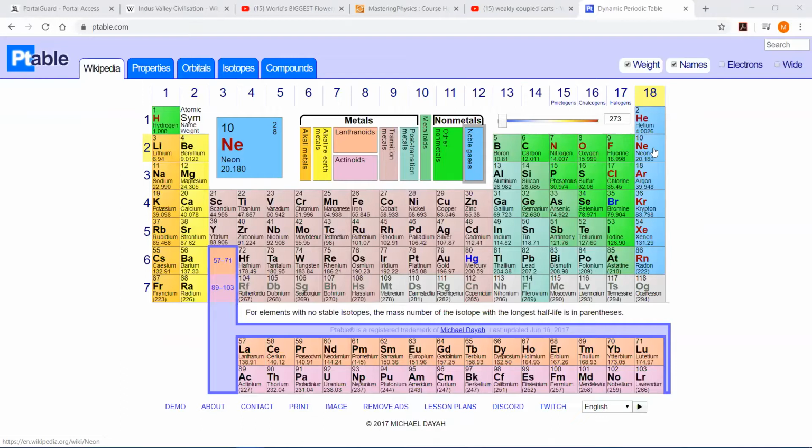It's an average because there are different isotopes. Most neon atoms, evidently, would have 10 neutrons along with their 10 protons, giving them an atomic mass number of 20. But some isotopes would have, let's say, 11 neutrons. So we'll just go with the most common one, 20. And now we know what the atomic mass of a neon atom is.